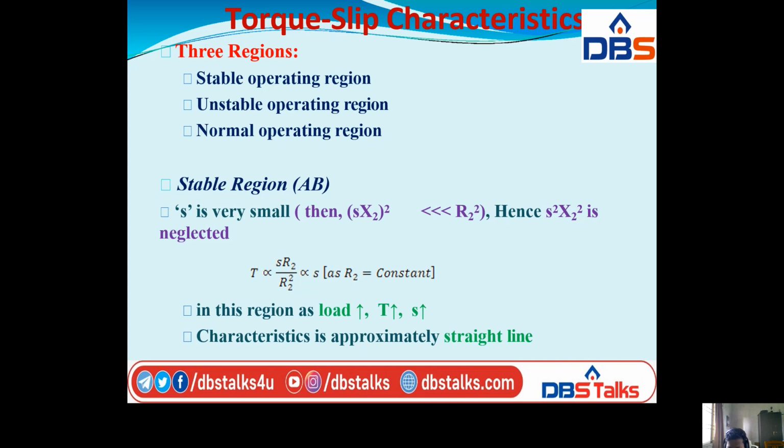Substituting this condition in the torque equation, torque is proportional to S. Therefore, in this region, as load increases, torque increases, and as torque increases, slip also increases. This is a linear region, a straight line curve.